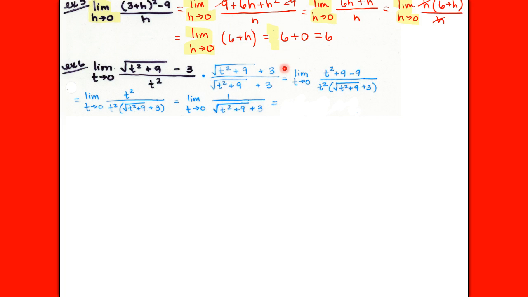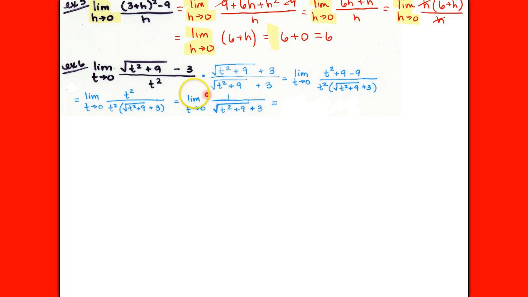I don't change the sign under the radical, just the sign in between. It's like multiplying to get a difference of squares here. So radical square root times square root is just going to give me t squared plus 9. Radical times positive 3 and negative 3 times the radical are going to cancel each other out. Negative 3 times positive 3 gives me negative 9.